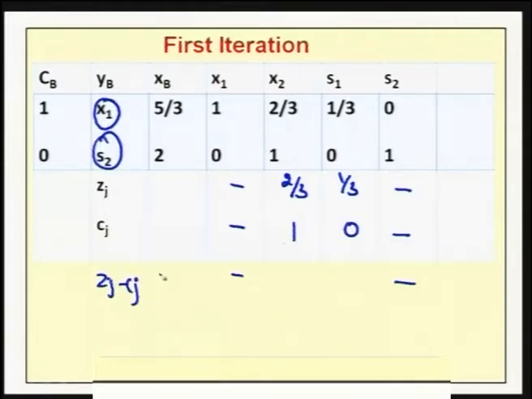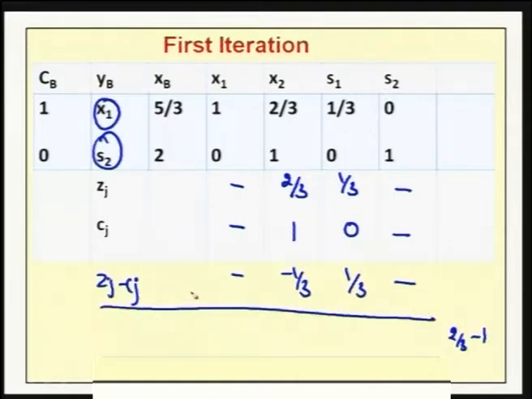Therefore, our zj minus cj value for x1 is 0, for x2 is 2 by 3 minus 1, which is minus 1 by 3, and for s1 the zj minus cj value is 1 by 3. So, for the first iteration, our zj minus cj for x1 is 0, for x2 is minus 1 by 3, for s1 is 1 by 3, and for s2 is 0.